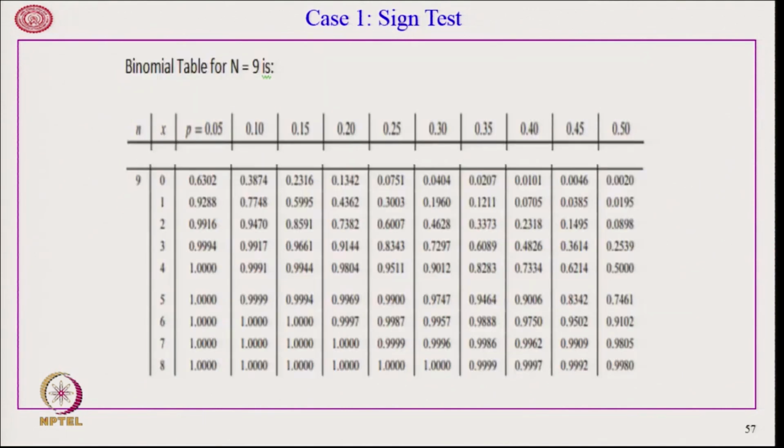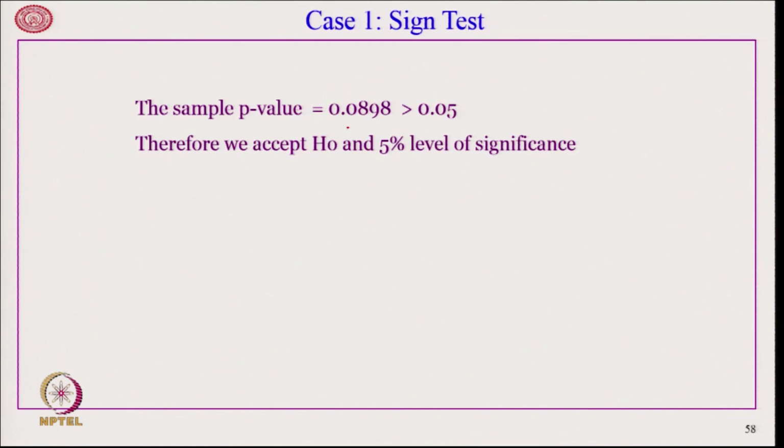From the table we get, when n is equal to 9, the cumulative probability for 2 is 0.0898. Since this sample p value, 0.0898, is greater than 0.05, therefore, we accept H naught at 5% level of significance.